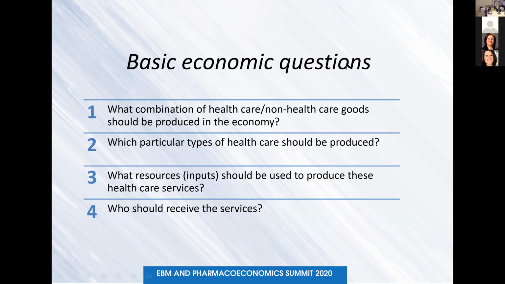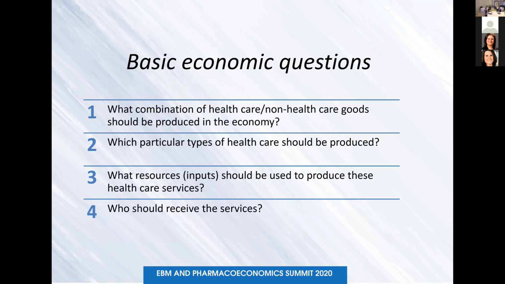So there are some basic questions that, as health economists, we try to answer every day. The first is, what is the combination of healthcare and non-healthcare goods that should be produced in the economy? How much do you allocate for healthcare? Which particular types of healthcare should be produced?